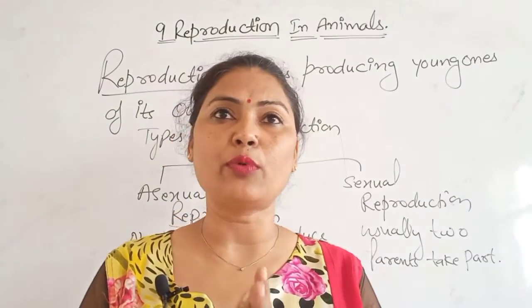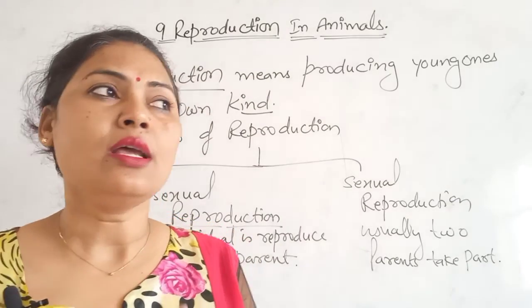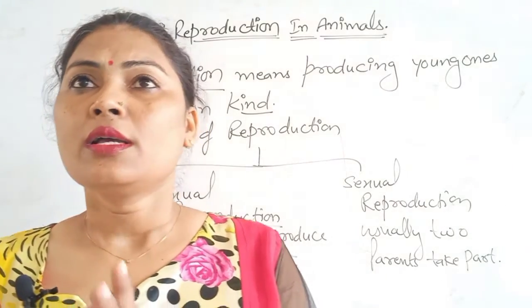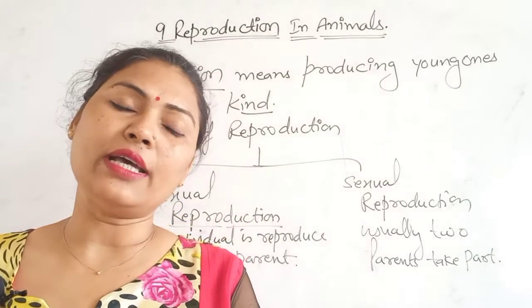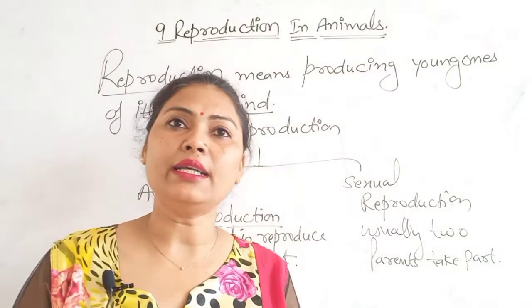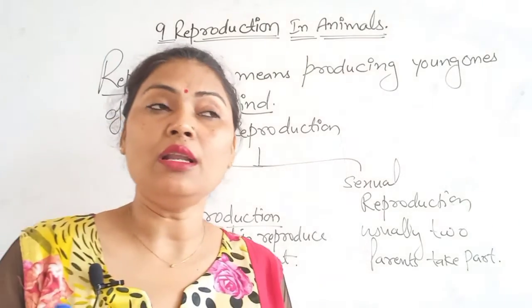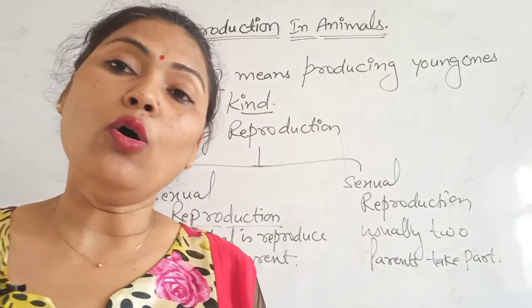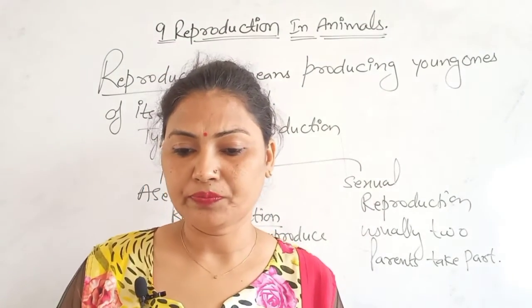Sexual reproduction is the process in which two individuals of opposite gender are required for the production of their offspring. They will produce offspring of their own kind, that is known as sexual reproduction.